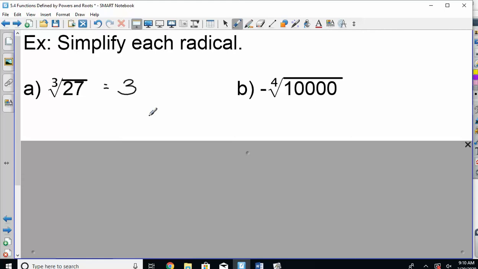And what about the negative? Okay, so this, could you just take it and then put a negative in front of it? Yeah, the negative is outside, so all that means is my answer will be negative. You can have a negative outside your radical, it just stays, and then the 4th root of 10,000 is? Okay. So negative 10 is our answer.